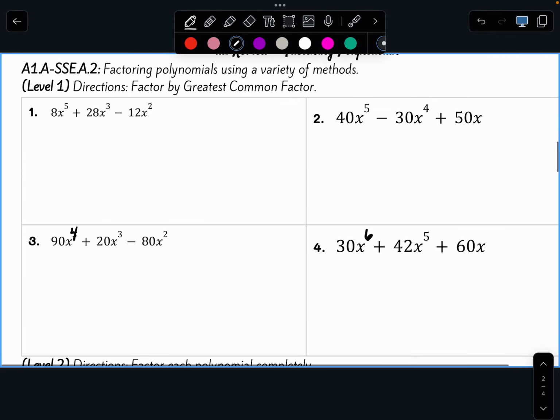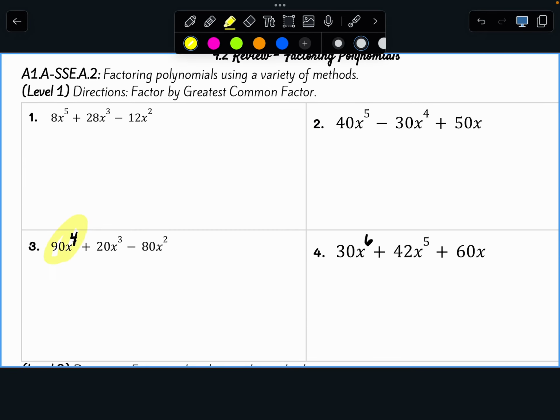So this is what you're going to do. Make sure that you change this exponent and this exponent. Make sure I'm looking at my teacher copy here. Yep. Make sure that you change those copies, those two problems, so that you have an x to the 6th and x to the 4th. Otherwise, it will not give you the right answer.